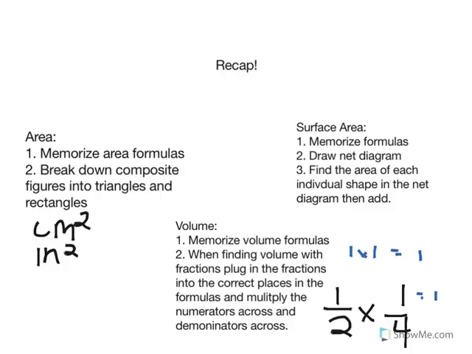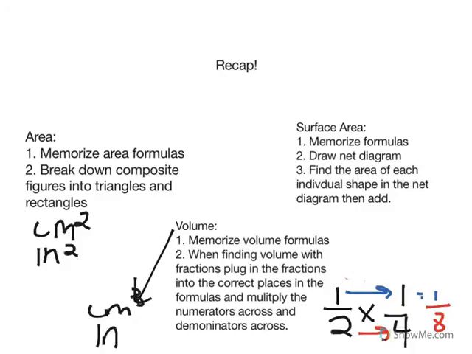And then you do 2 times 4, which gets you 8, and that'd be on the bottom. Okay? So you multiply across. And remember that for volume, whatever the units are, whether it be centimeters or inches, it's cubed, okay? So it's cubed, not squared like area, it's cubed.